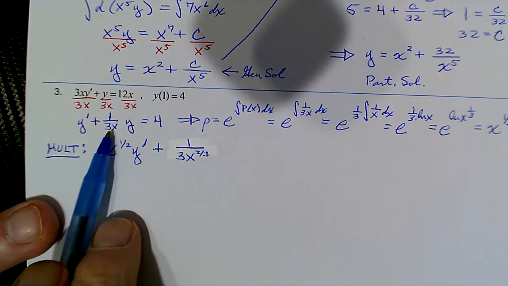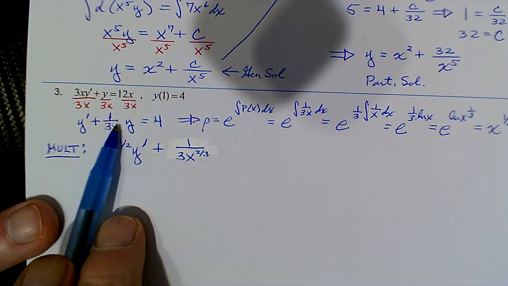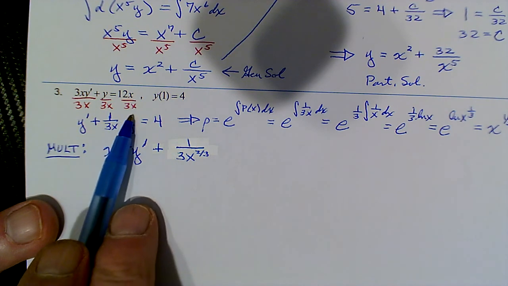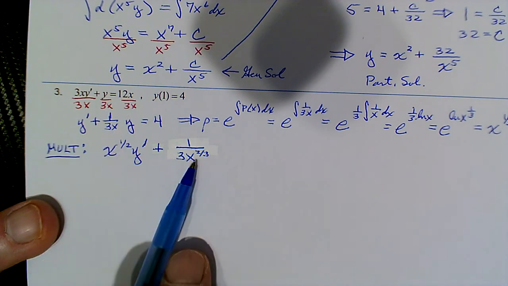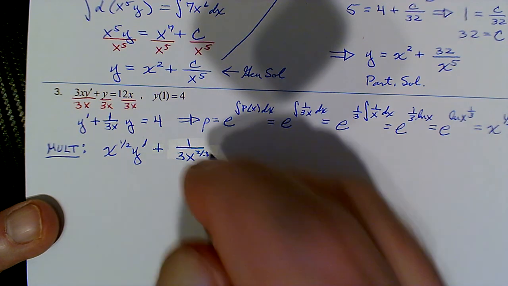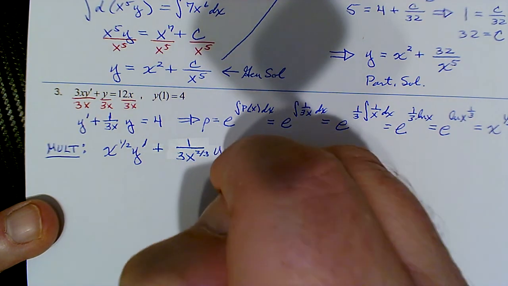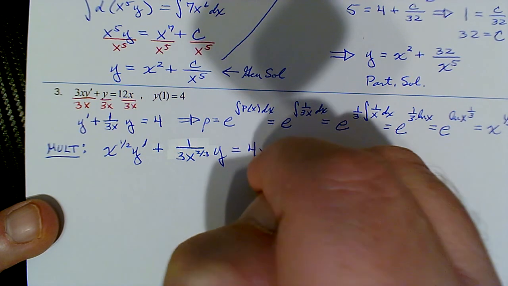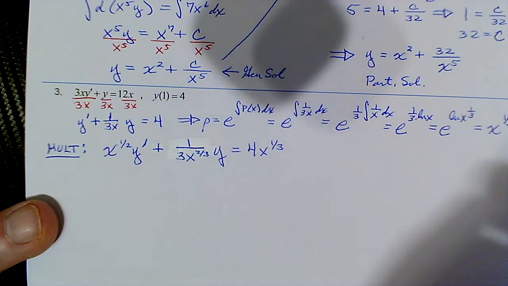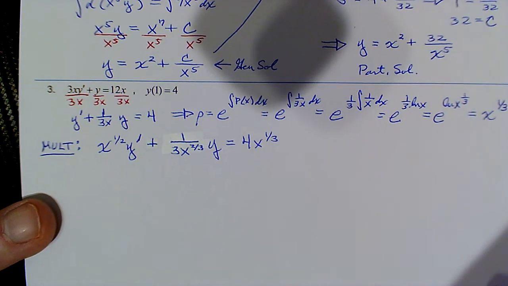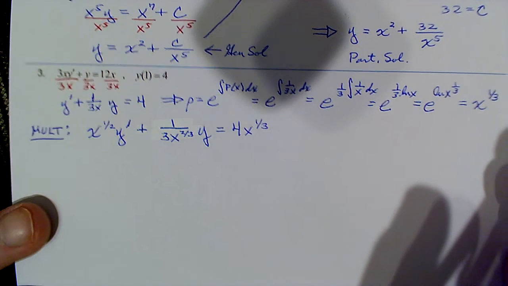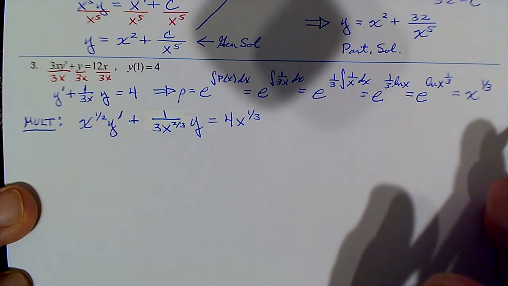Because if we're multiplying by x to the 1/3, this is an exponent of 1 in the denominator, canceling 1/3 of a factor of x, we're left with 2/3 in the denominator. And then times y equals, and again make sure you multiply the right hand side as well by that integrating factor of x to the 1/3 in this case.